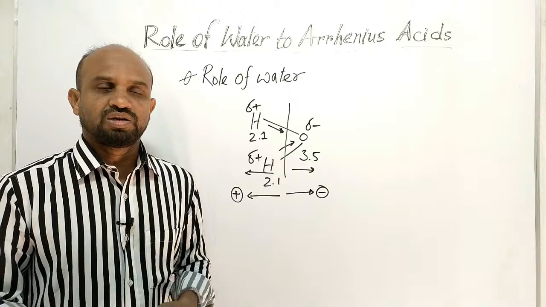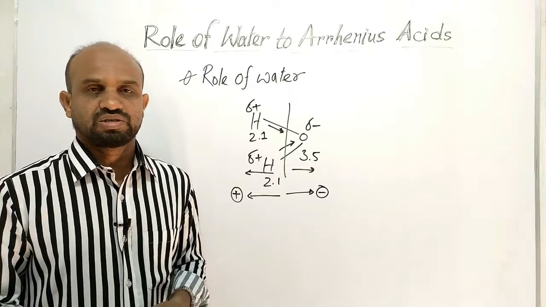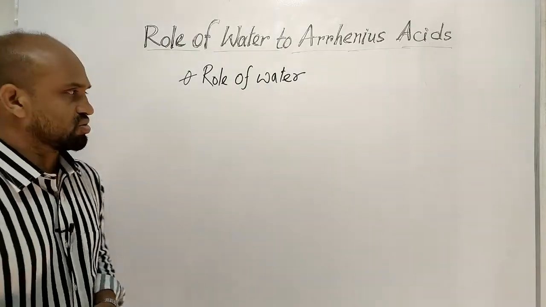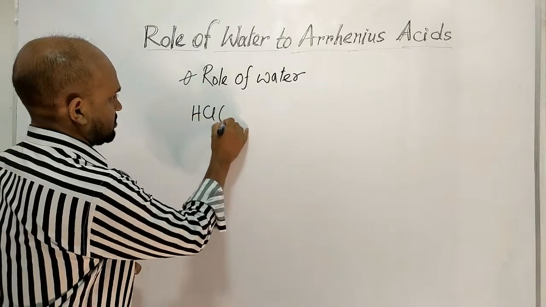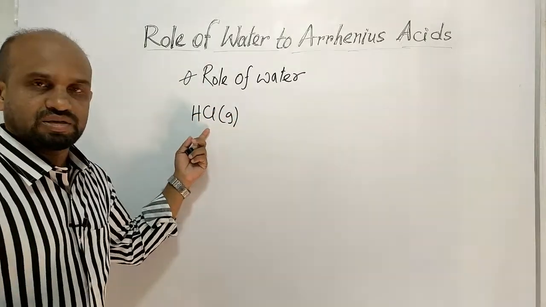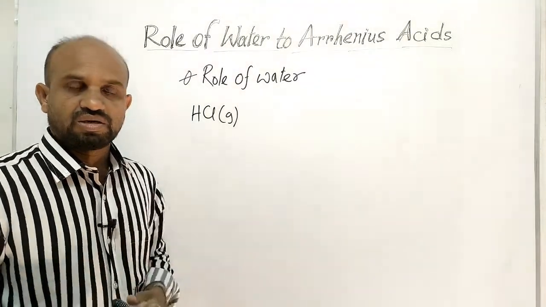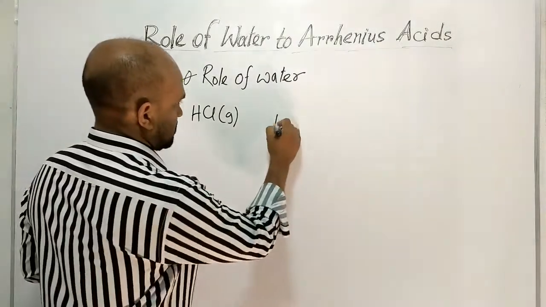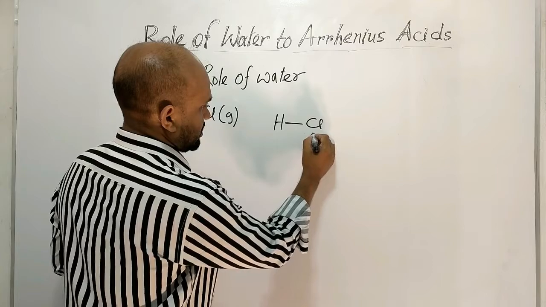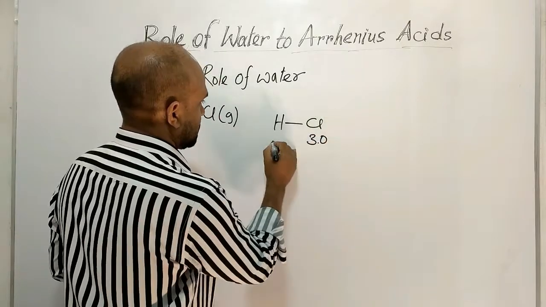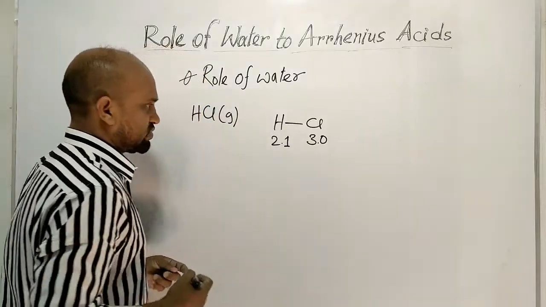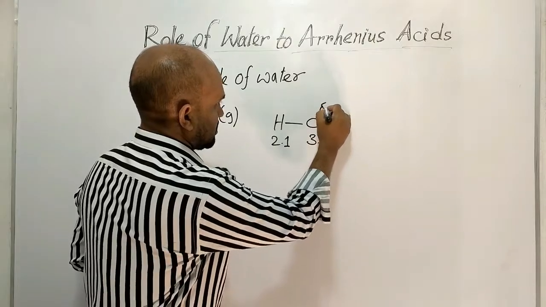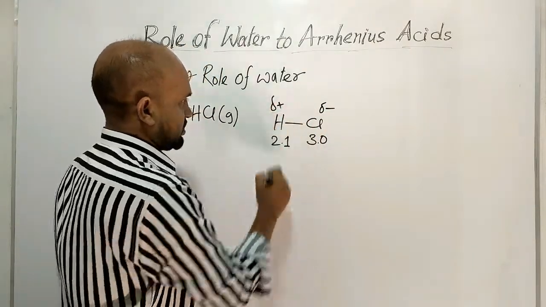Now let's see the role of water towards Arrhenius acids. First of all, let's see the role of water to hydrogen chloride, which is gaseous at normal conditions. Let's see the existence of hydrogen chloride in absence of water. Electronegativity of chlorine is 3.0, hydrogen 2.1. Because of this electronegativity difference, chlorine gets partially negatively charged, hydrogen gets partially positively charged.